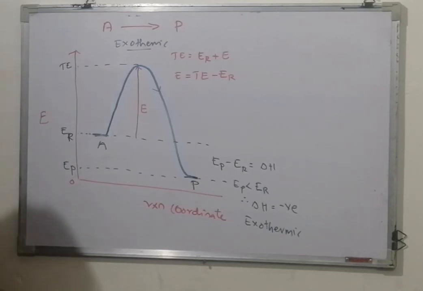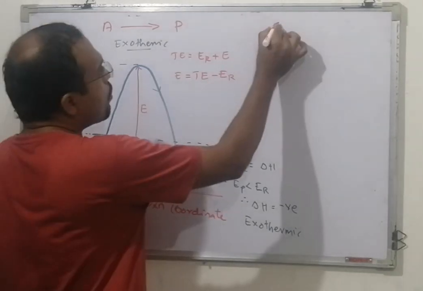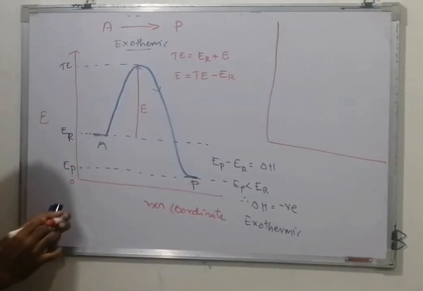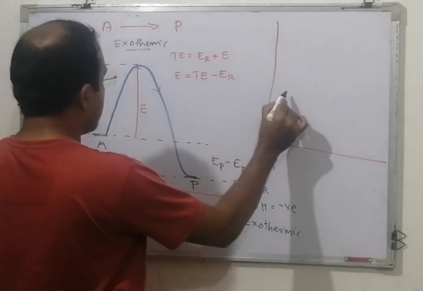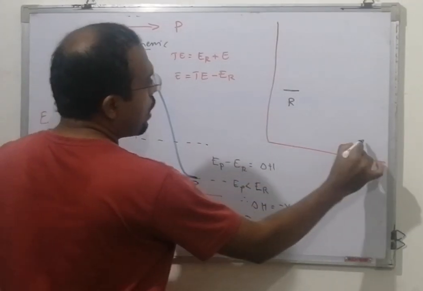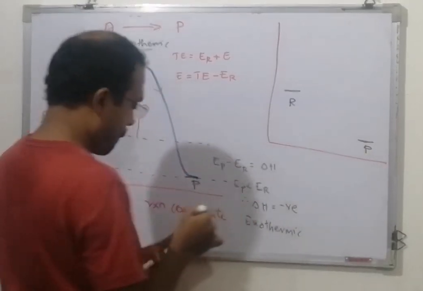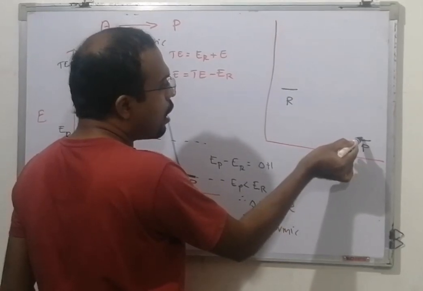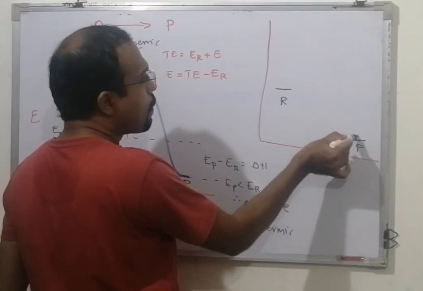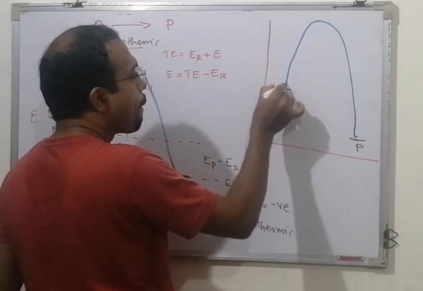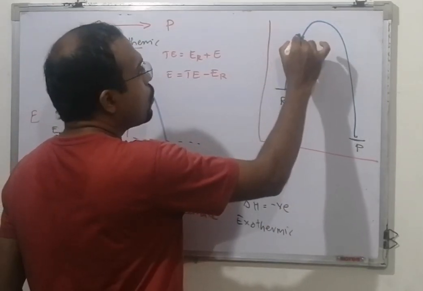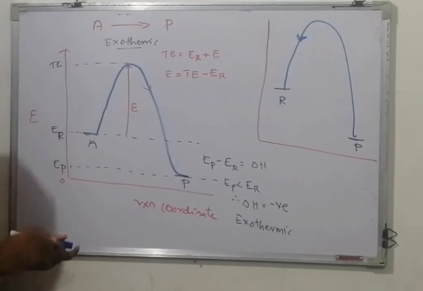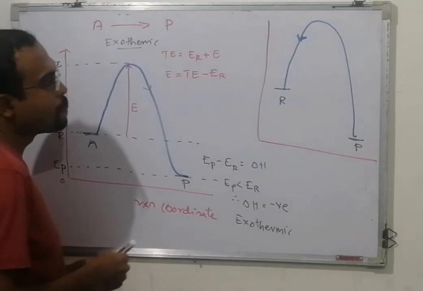Fine. Suppose I draw the endothermic graph of the same reaction. This is your R and this is your P. Endothermic means now P is the reactant and R is the product.